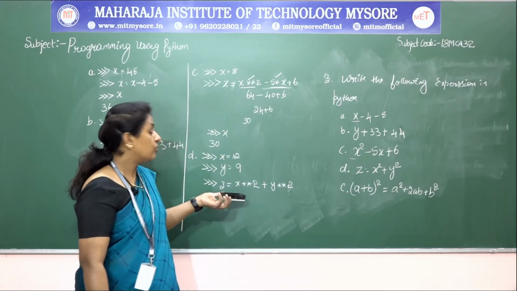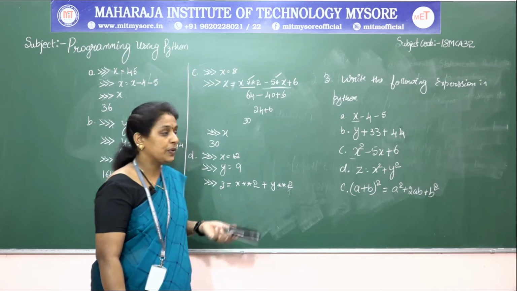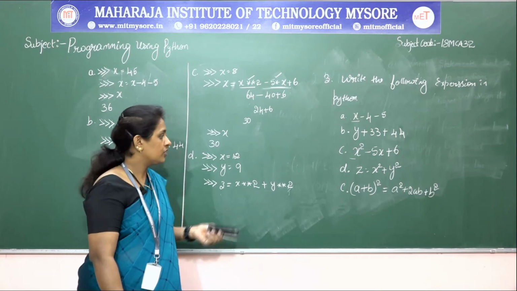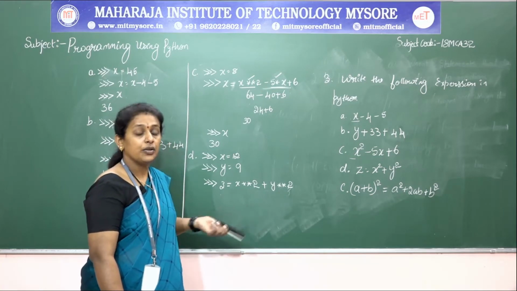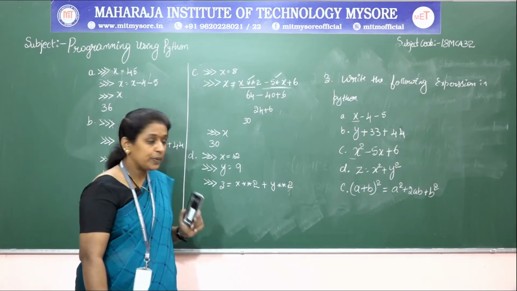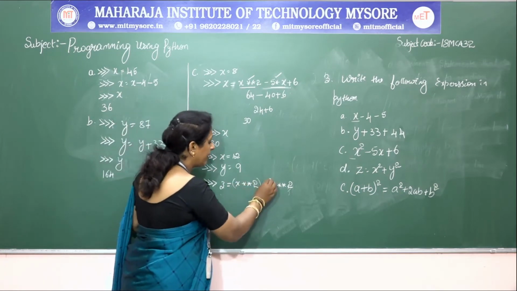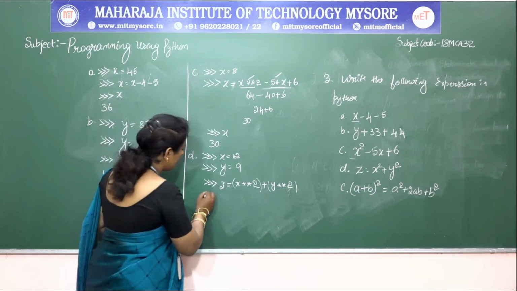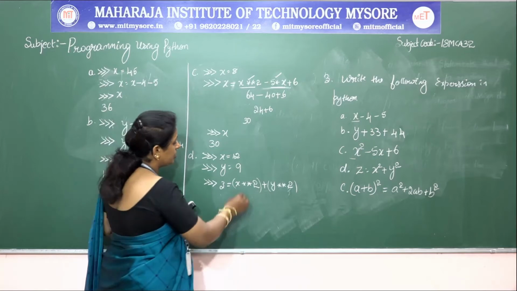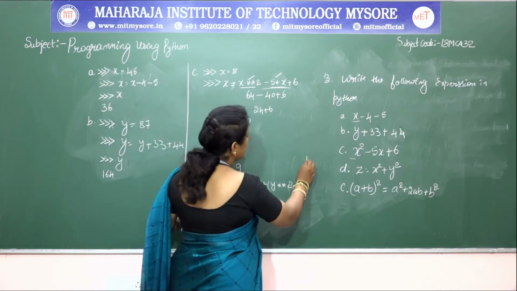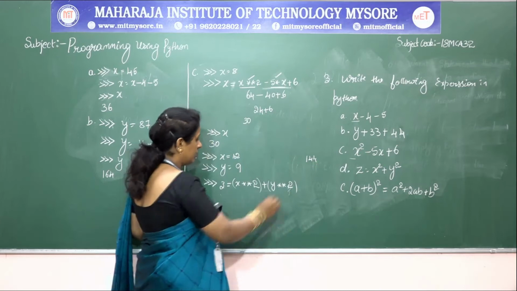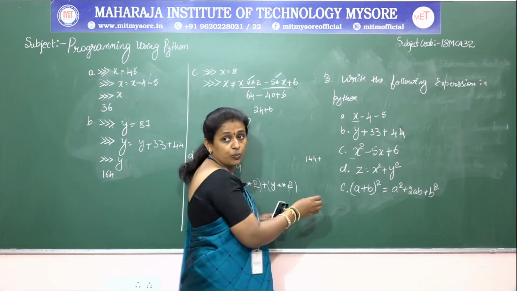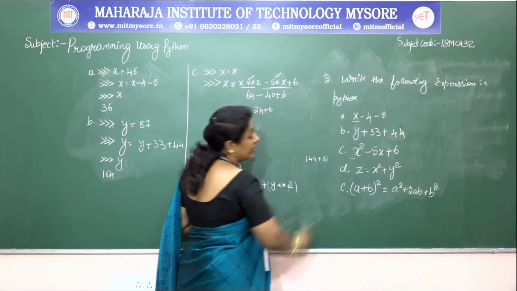We have no need of using a parenthesis because the exponential has the highest precedence compared to the plus operator. So no need of writing a parenthesis. For reading purposes only we can put the parenthesis, or else no need. When this statement gets executed, 12 to the power of 2 gives 144, plus 9 to the power of 2 gives 81.